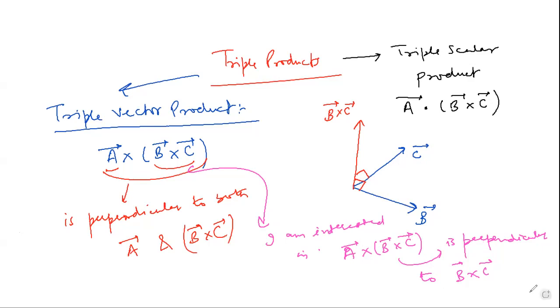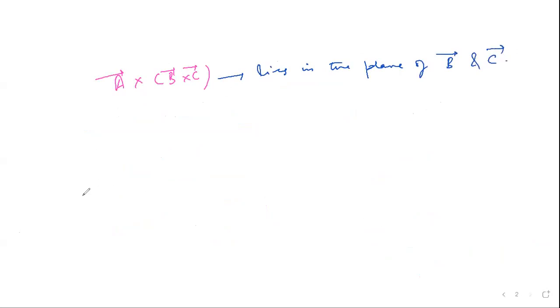So the conclusion is, A cross B cross C lies in the plane of B and C, right? And if it lies in the plane of B and C, then it will be some combination of B and C.